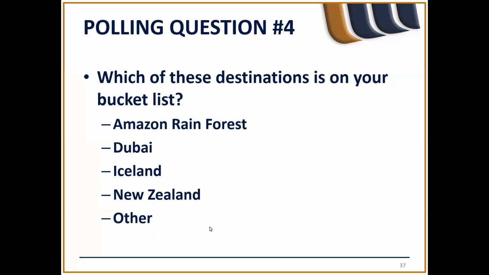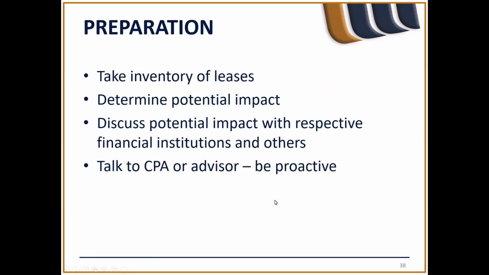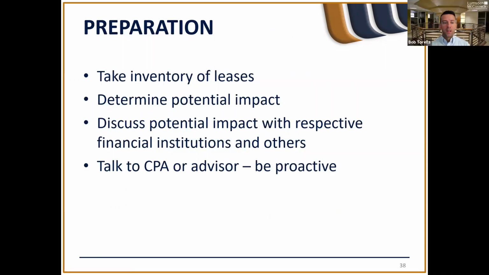I could spend all day, every day in Italy, as most people who know me know that is true. We'll just give it another second. Okay, I'm going to end the poll. It looks like New Zealand is the winner here. So, interesting. Okay, we'll keep going here, Bob. All right. Thank you. Yep.